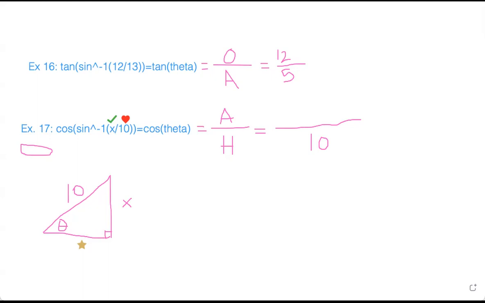Oh, there is a blast from the past, right? We do have our good old a squared plus b squared equals c squared, right? What do we put in for a? Or what could we put in for a?